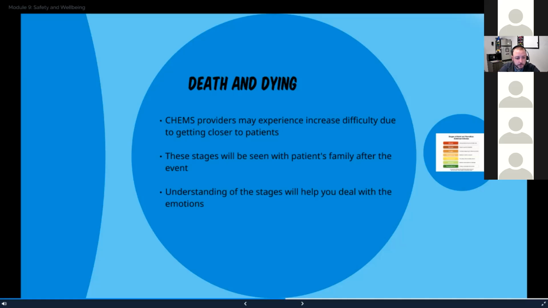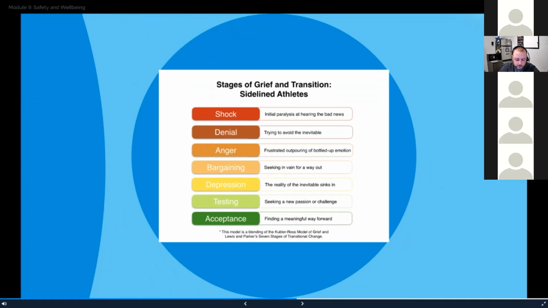We were unable to recover the body for over 8 hours, and we were able to recover the body, which was great. I actually had the patient and the family ride in the back of the ambulance to the funeral home with us so that they could spend their time saying their goodbyes before we took them to the funeral home. And some of the stuff that I discussed to them is, there are stages of death, and just be aware of the stages because you're going to go through it.